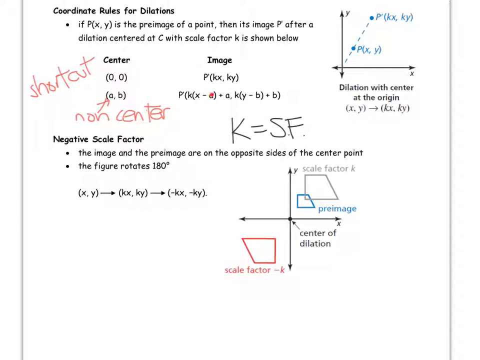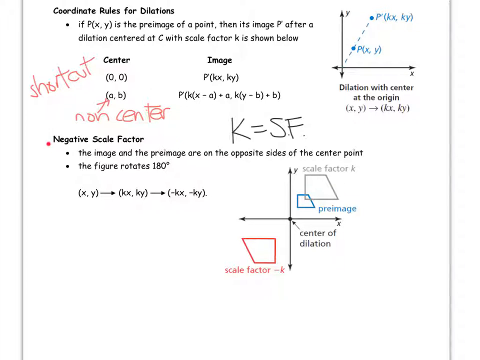So what you would do is take the x and subtract it from your center point, plus that exact same value, and then multiply that by your scale factor, and then you do the same concept with the y value, using the b as the center, to work out this formula. So this will be a little bit easier to explain when we actually work out a problem.